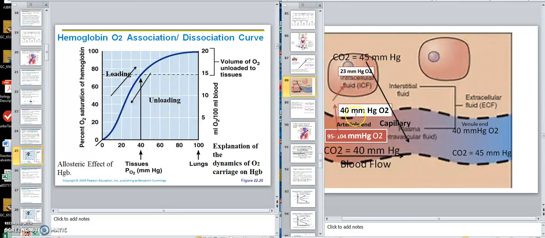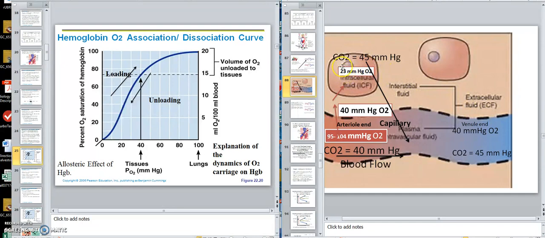All right. Now let's go through it again. So you came into the capillary, you unloaded one. If that one kept the tissue cells at 23, then you go on to the venule and you're through with it. But let's say there's trouble in the tissue cells.